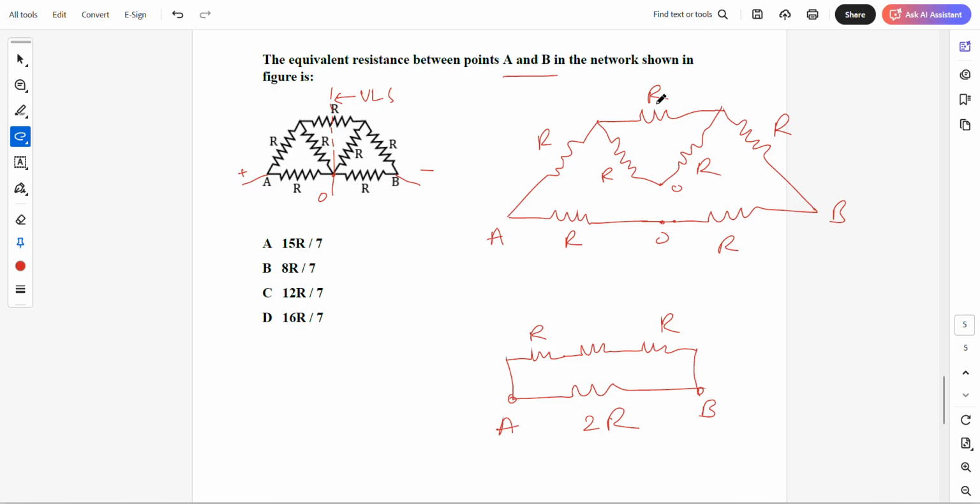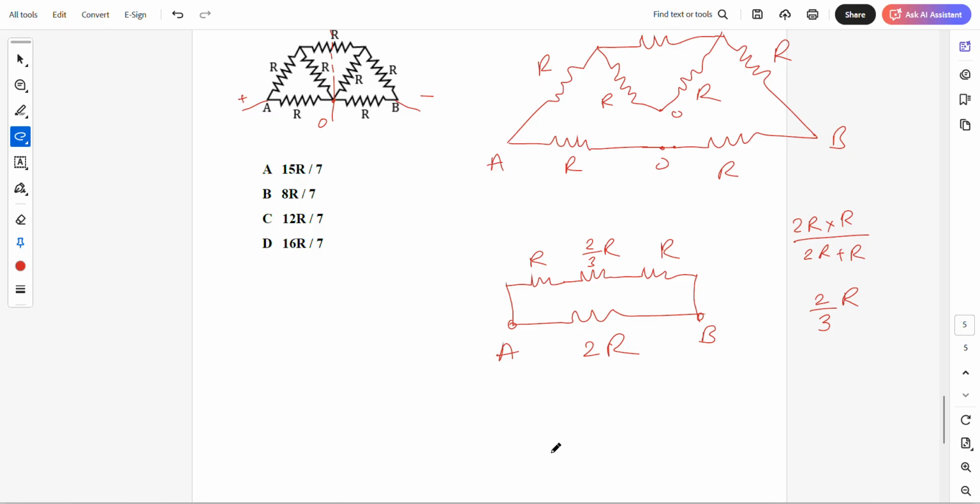2R in parallel with R. What does it become? 2R in parallel with R is 2 by 3 R. Right? 2 by 3 R. Now, what about this one?